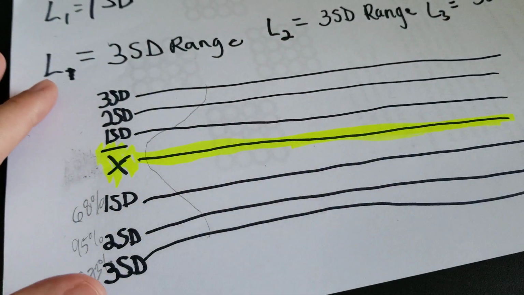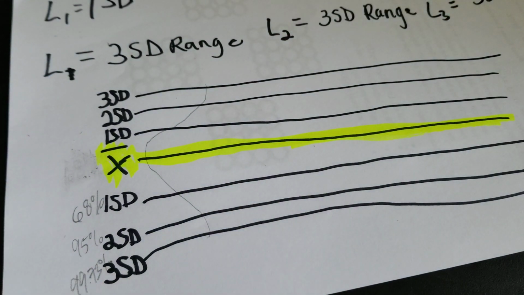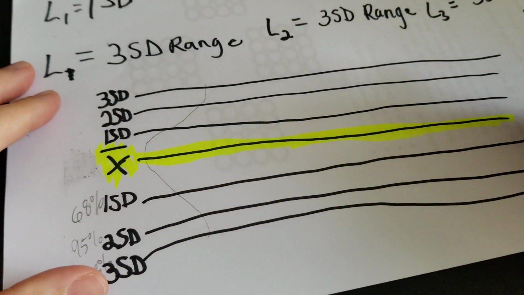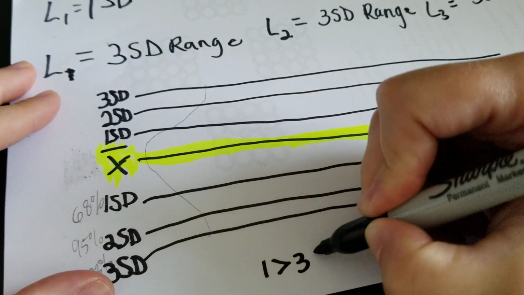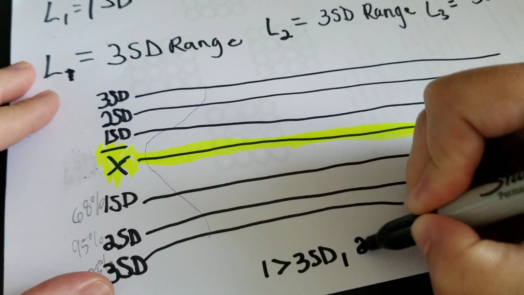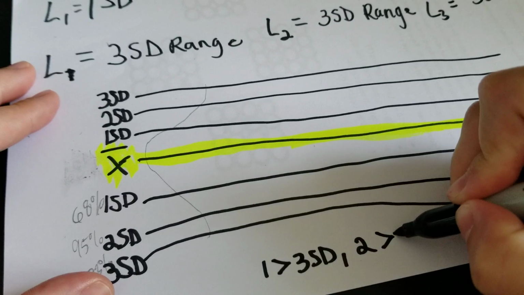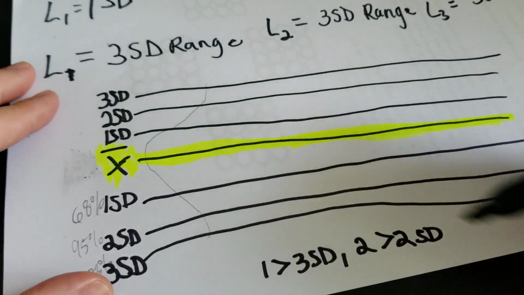So we do have a set of rules that we follow in order to make sure that what we're reporting out is accurate. So it's the 1 greater than 3 SD and 2 greater than 2 SD rule.